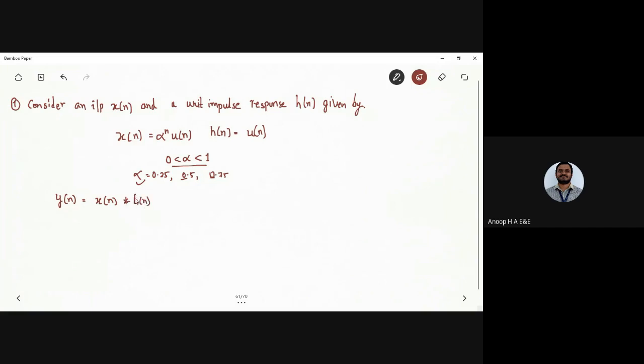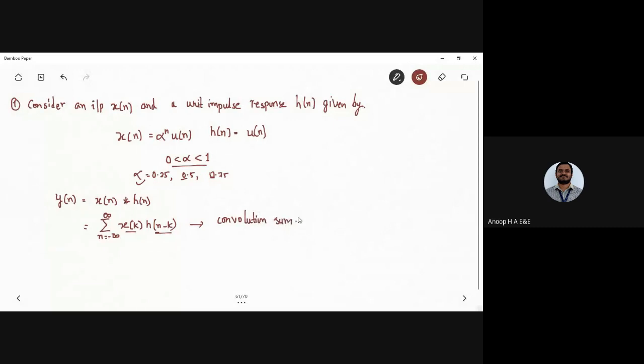We can write this as the sum over k from minus infinity to plus infinity of x of k times h of n minus k. This is the definition of the convolution sum.